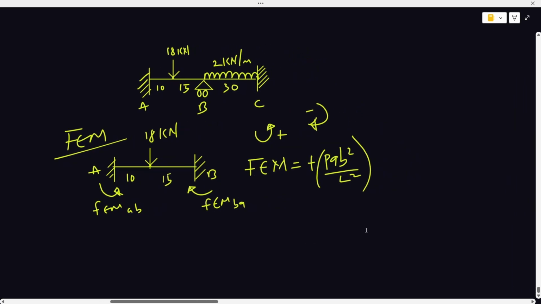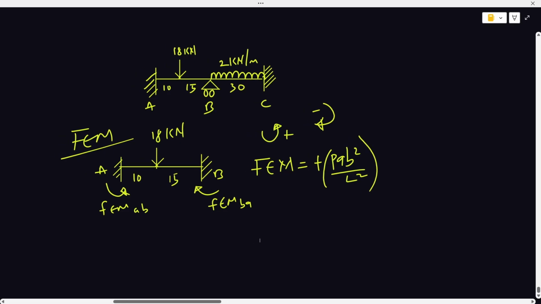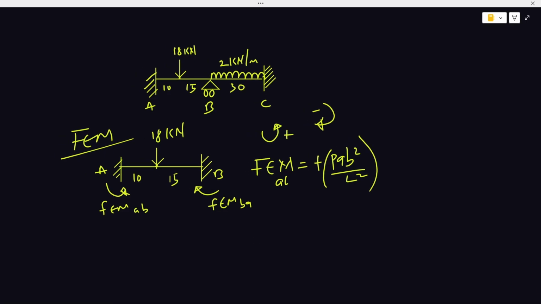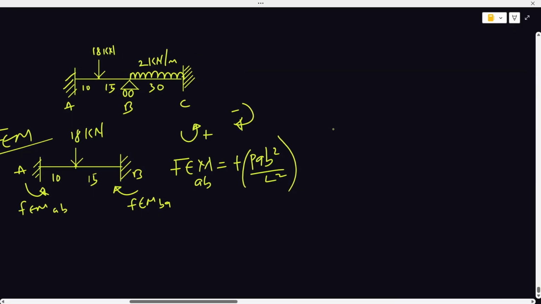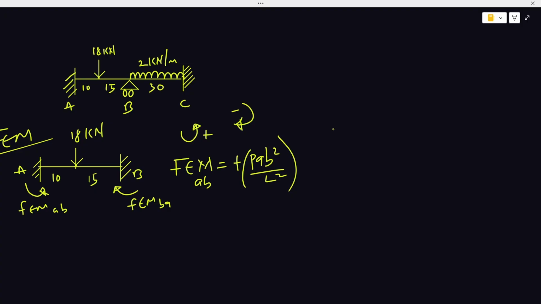So FEM AB, as I was saying, based on the expression, if we get to Aslam Kassimali or at the back of the book cover, you will see the fixed end moment expressions. You can just search for it on Google.